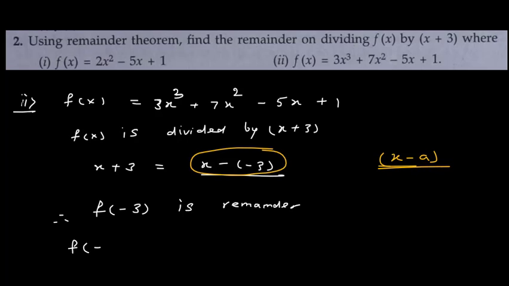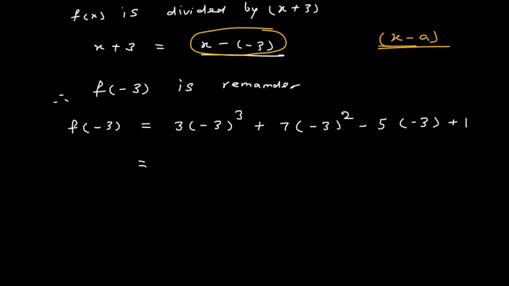Now f of minus 3 will be nothing but 3 into minus 3 cube, plus 7 into minus 3 square, minus 5 into minus 3, plus 1. So this is equal to: minus 3 cube is what? 3 threes are 9, 9 threes are 27, 27 threes are 81. So this will become minus 81, plus minus 3 square is 9, 9 sevens are 63. This is minus minus plus, 5 threes are 15, and this is plus 1.